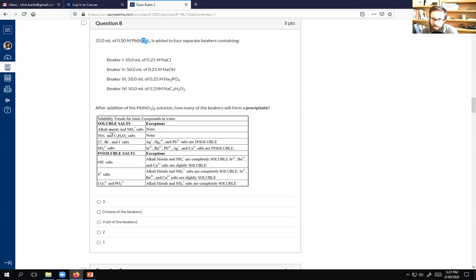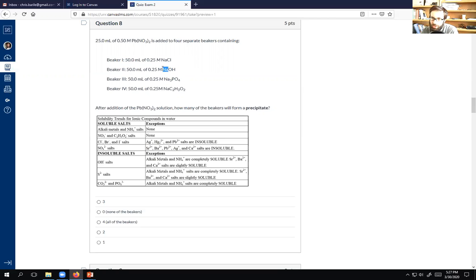Well, all alkali metals are soluble, so sodium nitrate that could form is soluble. We know soluble means no precipitate. What about the other option, lead chloride? Chlorides are soluble, but lead is an exception. So beaker number 1, yes, we have at least one precipitate.